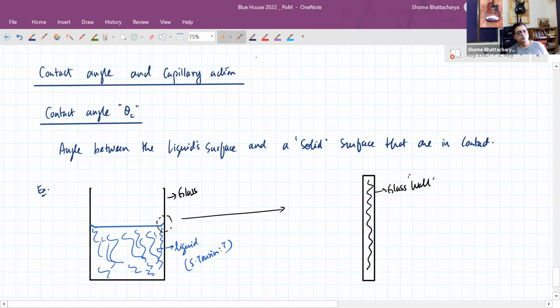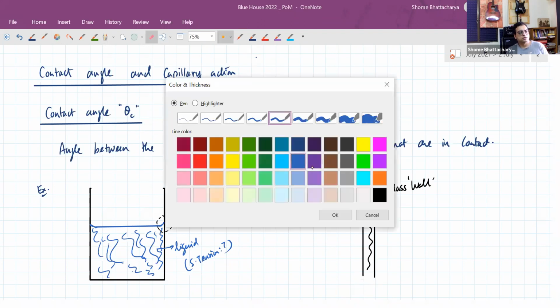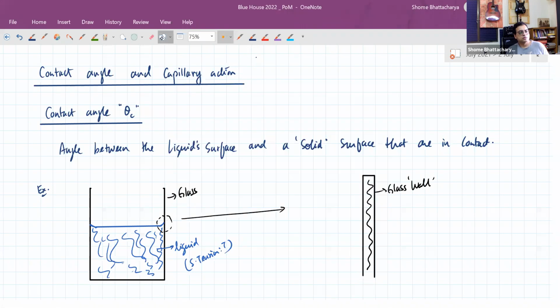The glass wall, the container. Now the fluid inside, at the point of contact, the surface is a bit bent like this. You have a kind of curvature.